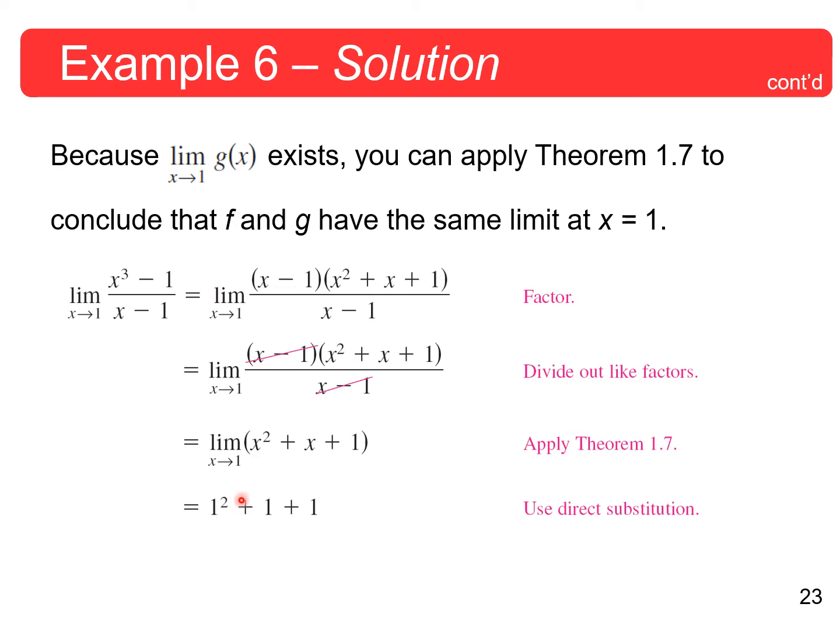Evaluating the limit here gives us 1 squared, just direct substitution, plus 1 plus 1. This gives you 3. And so the limit of this rational expression is equal to 3.